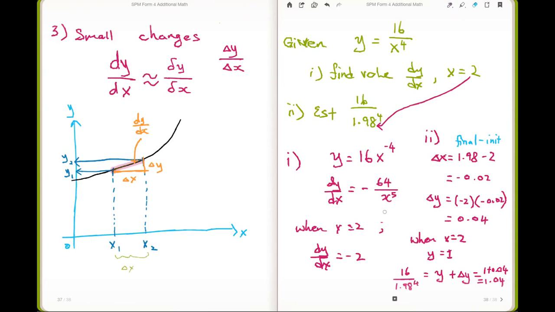So how do I get this? Why do I need this, especially this line? Where does it come in? Now we refer to the previous page here. In order to get y2, which is my new value, my y2 will actually be y1 plus a small change of y, which from here goes up.